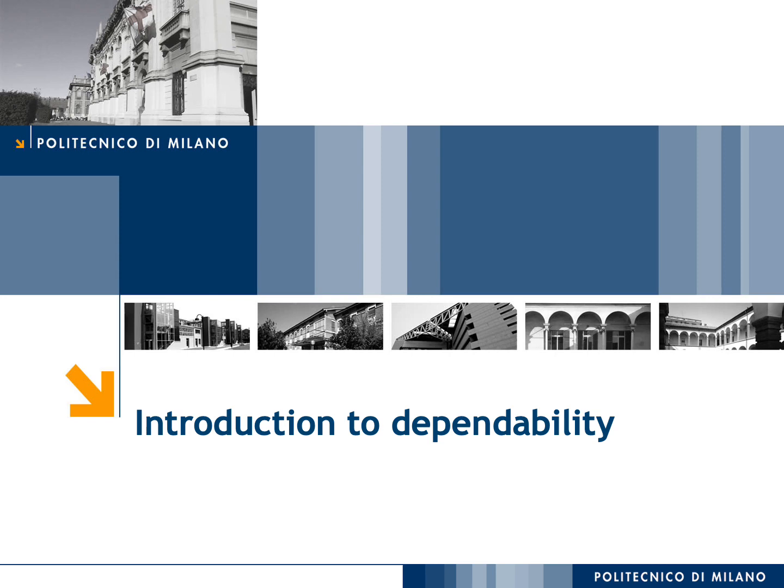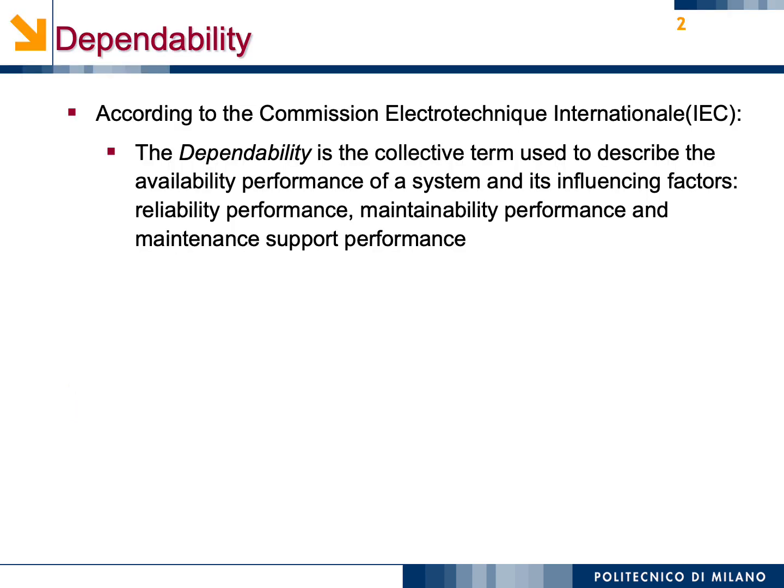This first video wants to introduce the basic concepts and terms needed to face the topic. If we want to define the concept of dependability, we can use the official definition, or we can briefly mention that dependability is the ability of a system to deliver its service to the user.